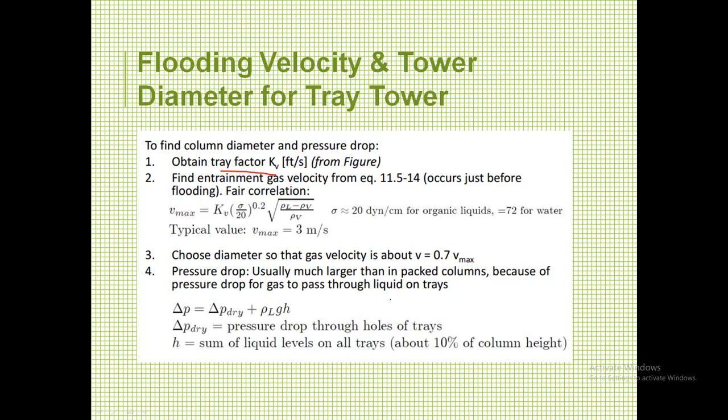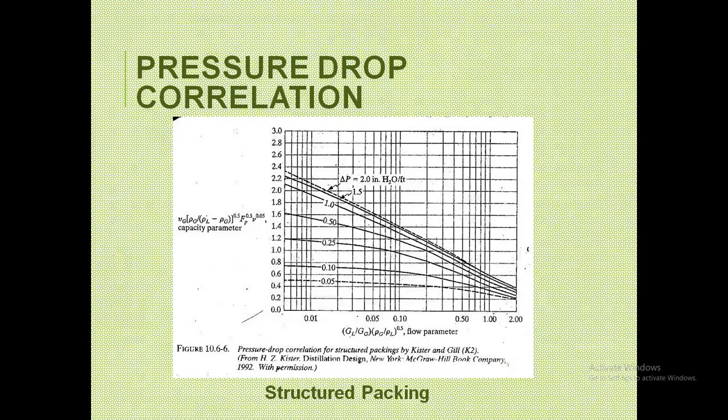Okay, the same principle, the same procedure we will do in the case of determining the size of a packed tower. So a while ago, I have shown to you the diagram for determining the linear velocity at flooding.